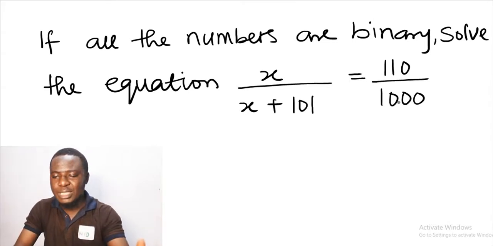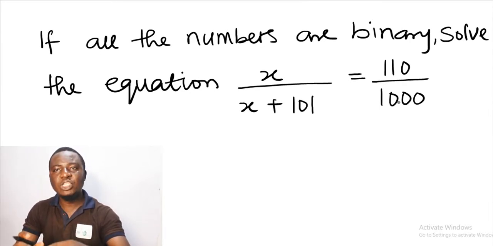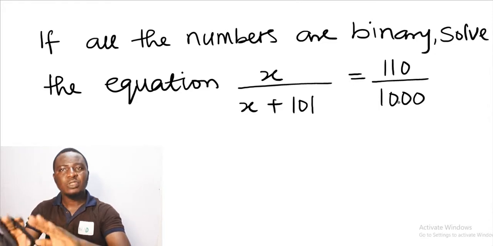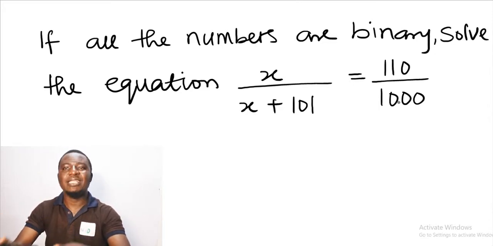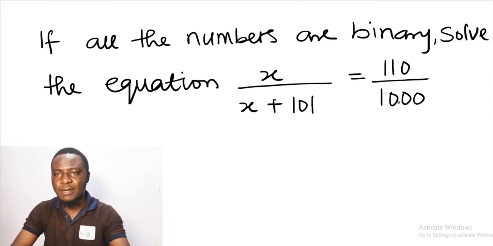So what we are going to do is, first and foremost, I don't know how to solve in base 2 because we have an unknown. So in order for me to make it simpler, I'll first of all convert each of them to base 10, solve it in base 10, and then get our answers back in base 2. Okay?